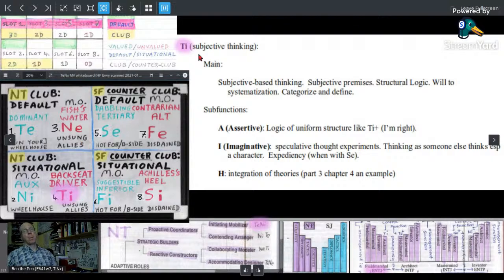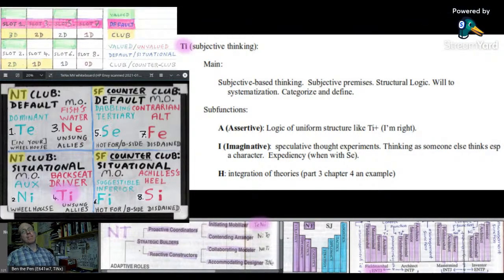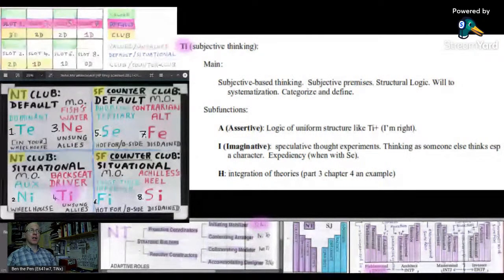Now for TI. So there's going to be some times where ENTJ is going to need to access it. I would think, based on a Keirsey dichotomy, that ENTJ is going to use TI more than ESTJ because ENTJ is utilitarian.